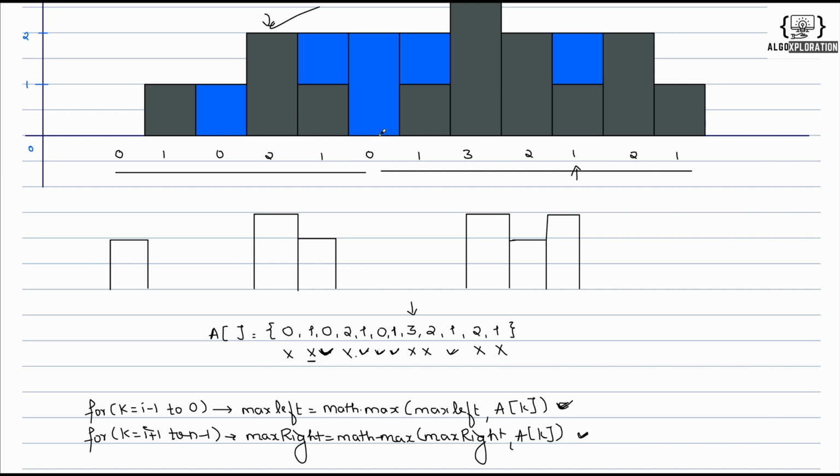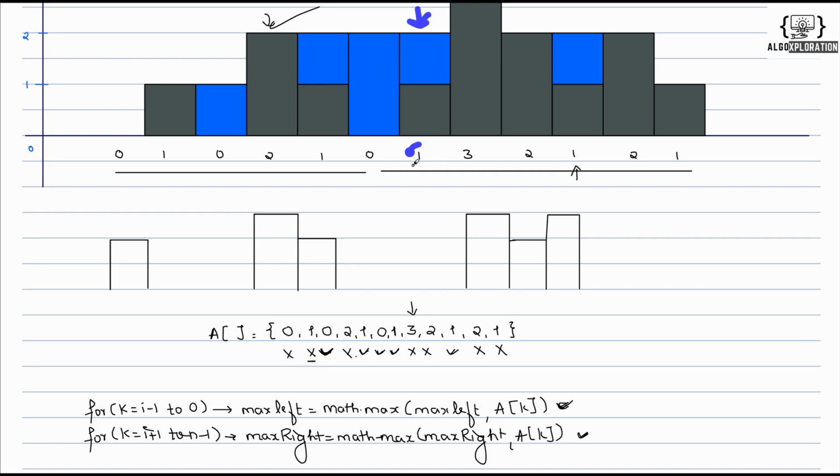Now since we got it, we have to figure out how many blocks of water each will store. If we talk about this building, the maxLeft is 2 and maxRight is 3, right? Now we have to find the minimum of it. So the minimum will be 2, so 2 blocks of water will get stored here, right? But let's talk about this building.